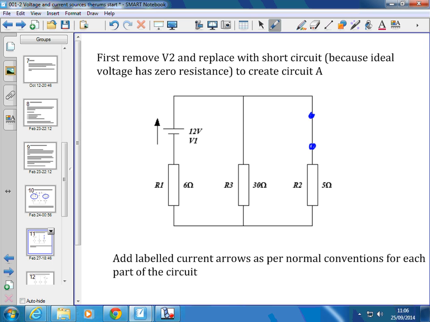That's what you have to do through this process. So V2, replaced with 0 ohms. Short circuit. Okay?